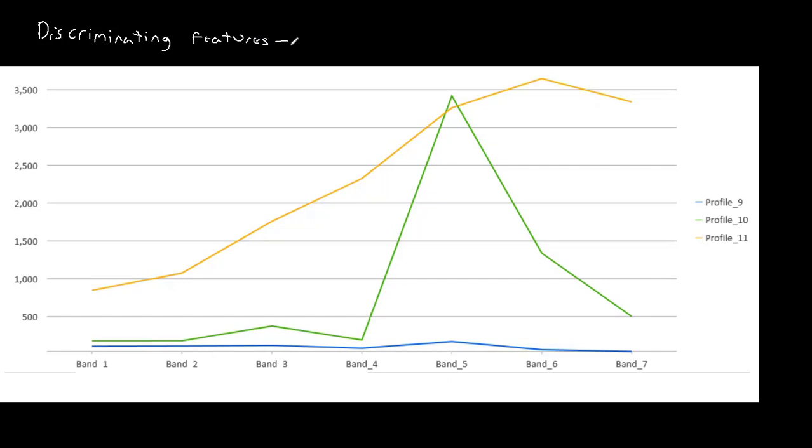Discriminating features are basically just bands or wavelengths, or, in future videos, things called indices.